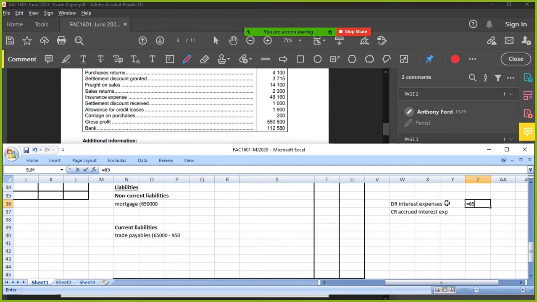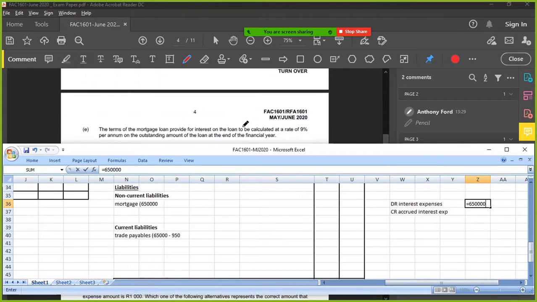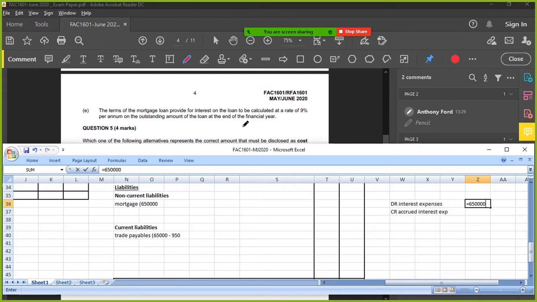Okay, the loan is 650,000. What was the rate? 9%. Okay, 58,000.